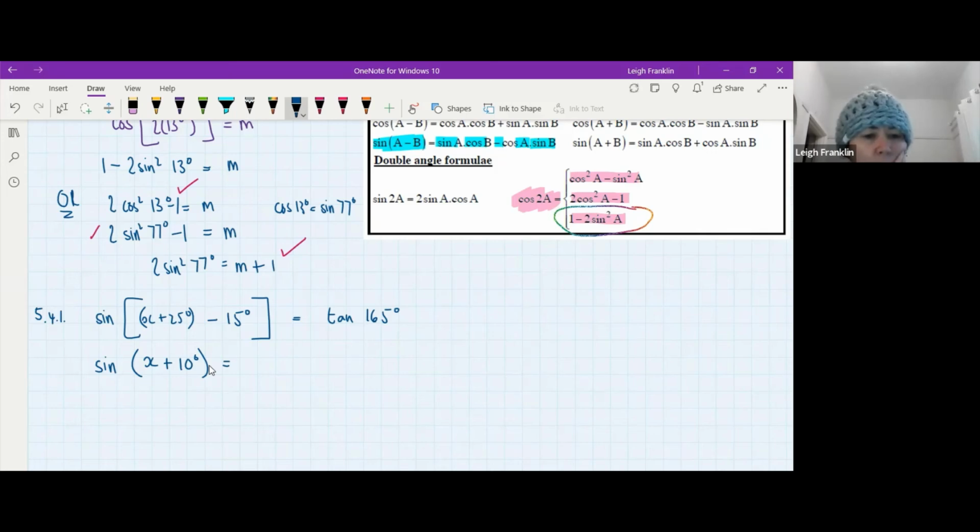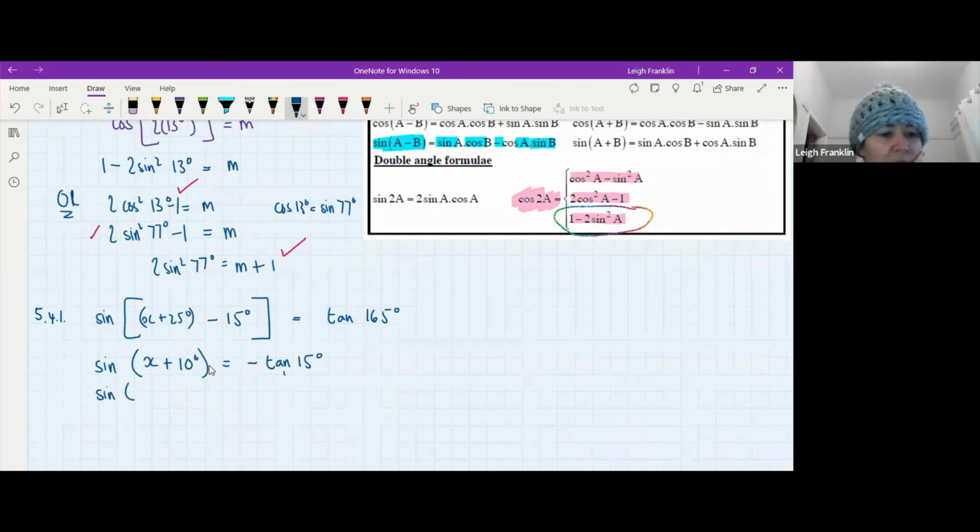It would reduce to negative tan of 180 minus 165, which would be 15. So negative tan 15.